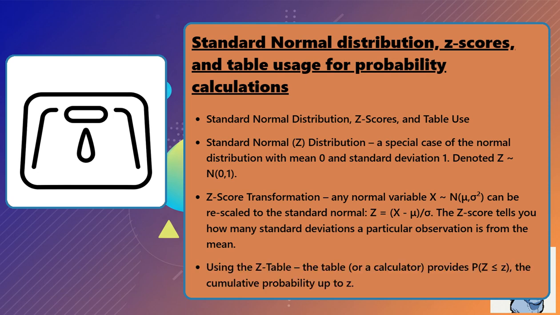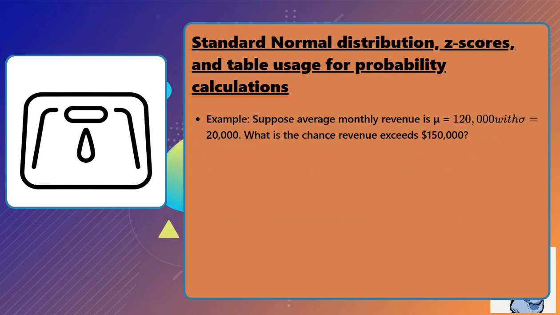Using the z-table, the table or a calculator provides P(Z ≤ z), the cumulative probability up to z. Example, suppose average monthly revenue is mu equals $120,000 with sigma equals $20,000. What is the chance revenue exceeds $150,000?